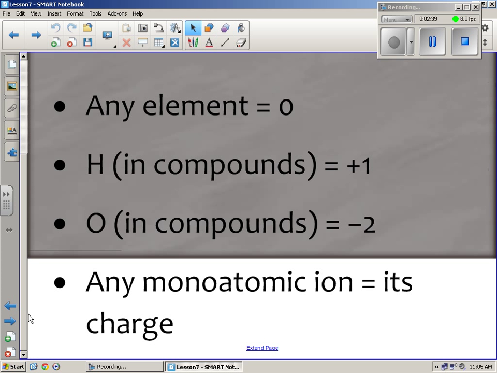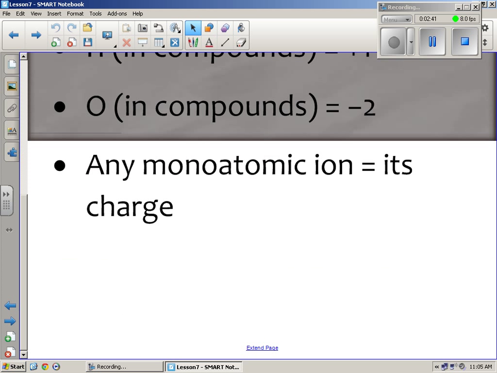If you are talking about charges on atoms, any monatomic ion, a single atom ion, like copper 2+, then it's got an oxidation state of 2+. Magnesium is a 2+. Potassium is a 1+.